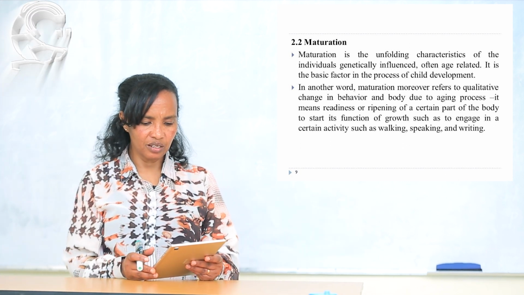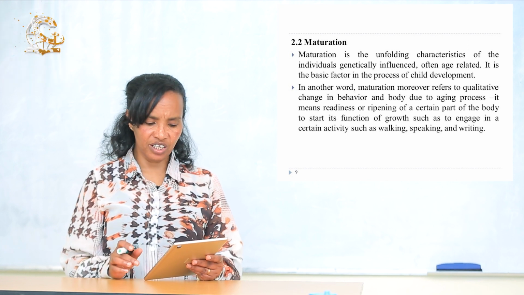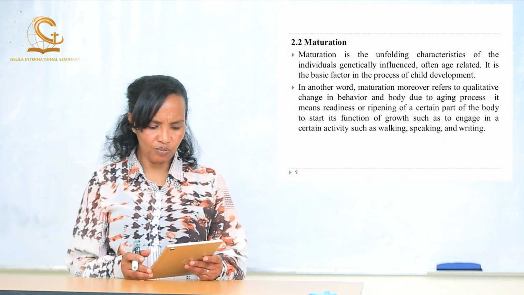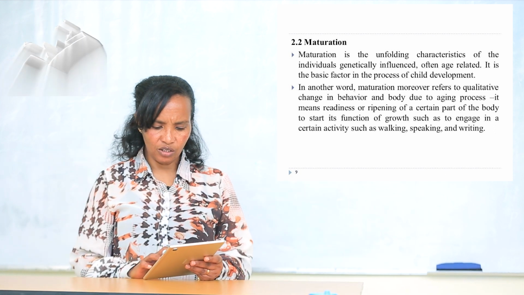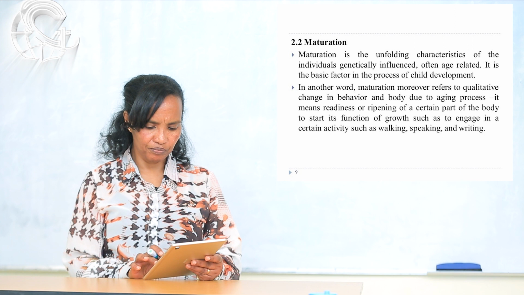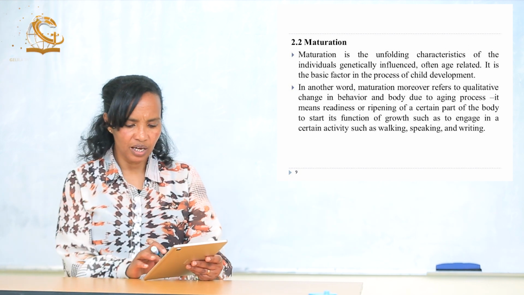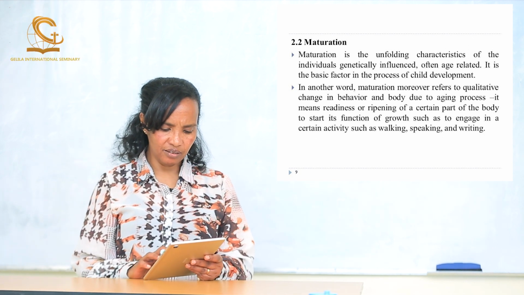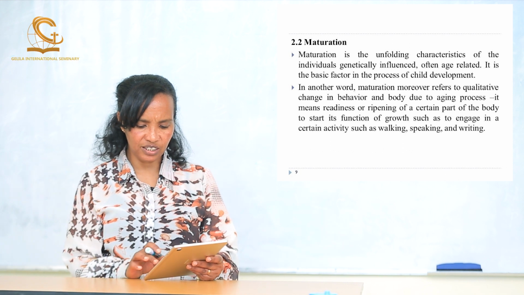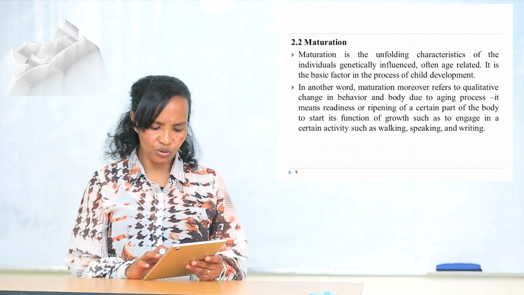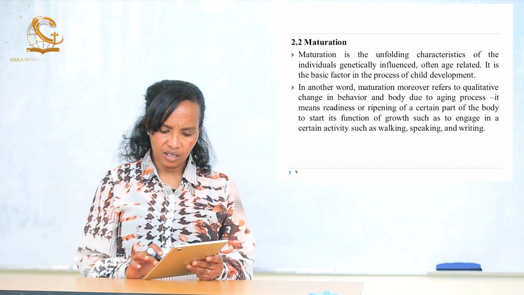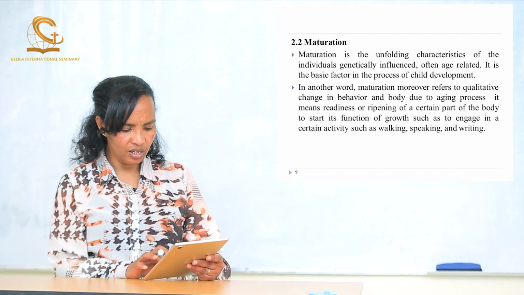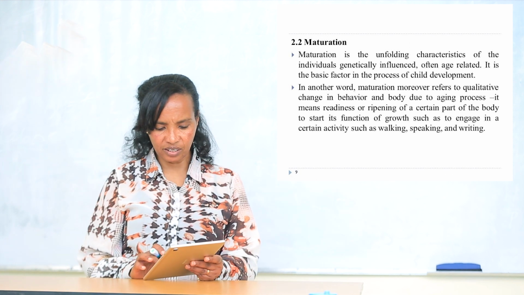As we have seen, growth is quantitative change, and maturation is a qualitative change in behavior and body due to the aging process. It means readiness or ripening of a certain part of the body to start its function, such as to engage in a certain activity like working, speaking, and writing.